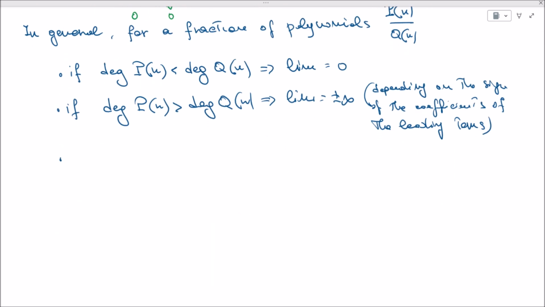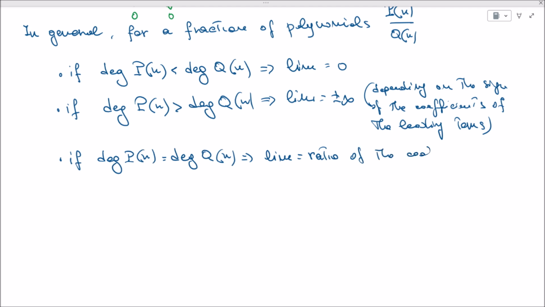And if the degree of p of n is equal to the degree of q of n, then the limit is just given by the ratio of the coefficients of the leading terms.